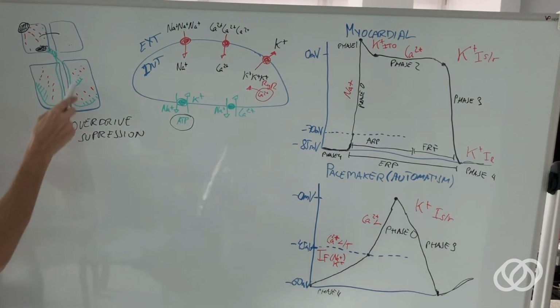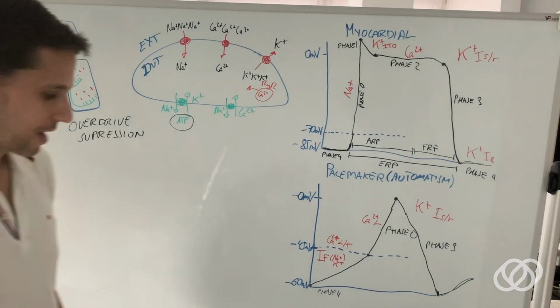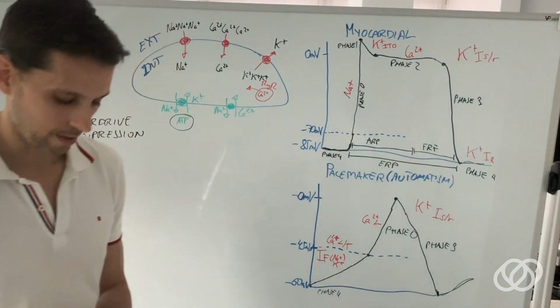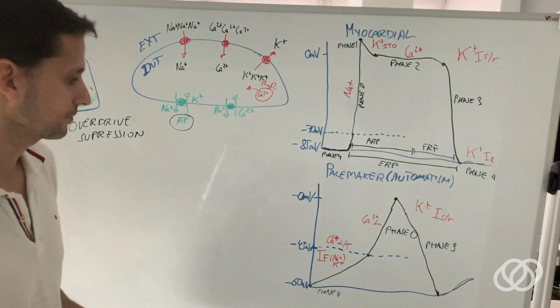So how does the body usually tell the sinus node at which rate the heart should beat? Well, we have different mechanisms, but one of them is the autonomic nervous system.